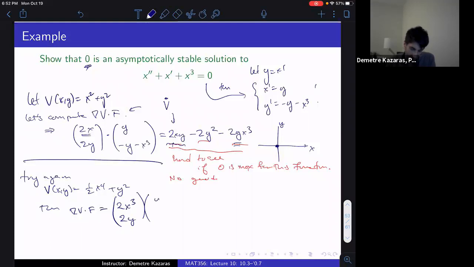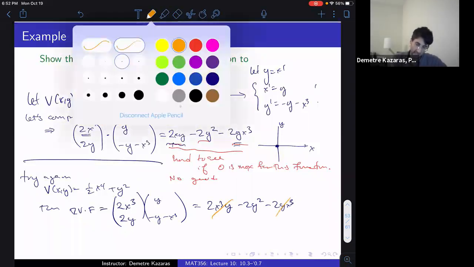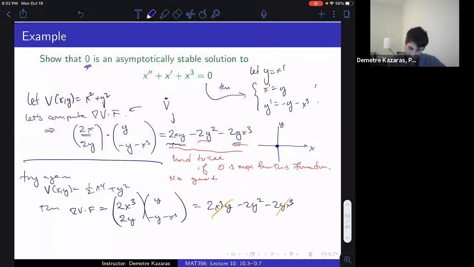I take that product with y and then minus y minus x cubed. Okay, so now look what happens. You've got the 2x cubed y minus 2y squared. That's the thing that we liked, and then we got a minus 2yx cubed. And look at that. We chose just the right thing in our v function so that this just went away. And now this dot product, this v dot, is just minus 2y squared.